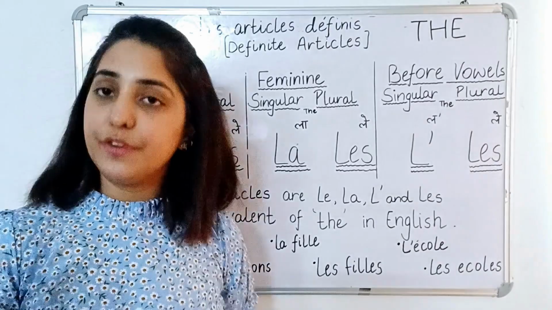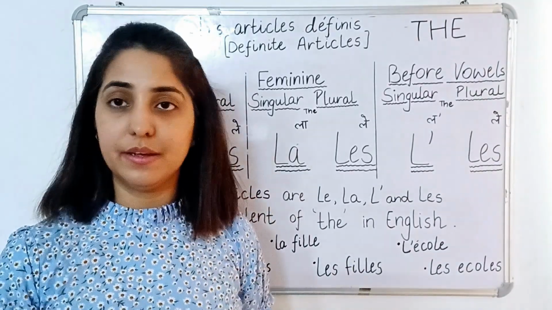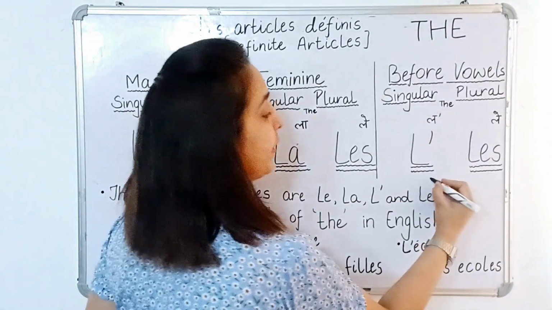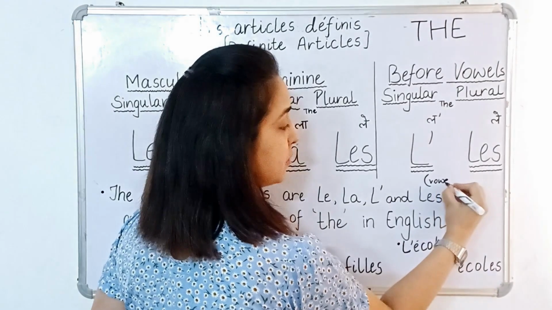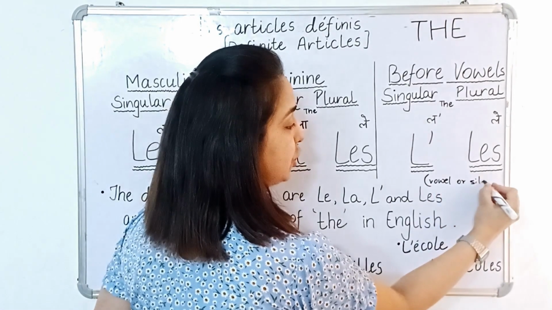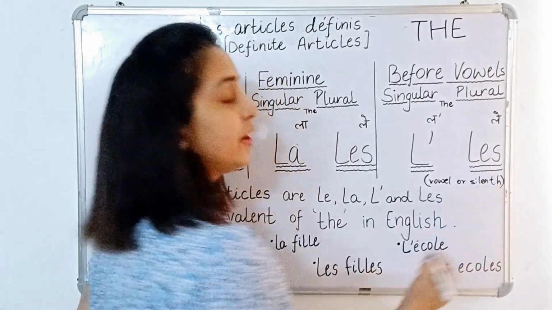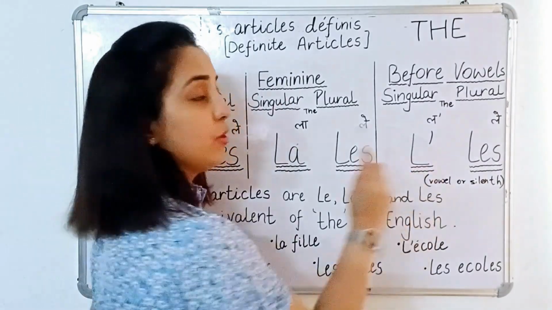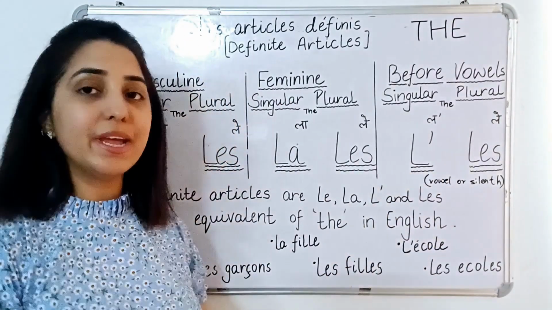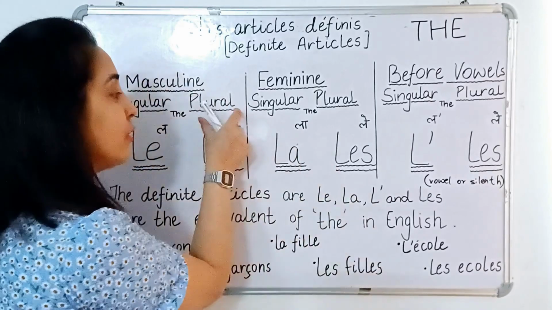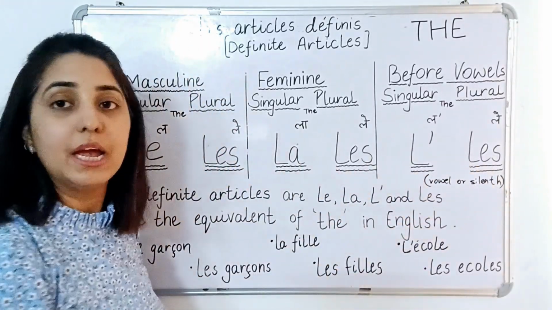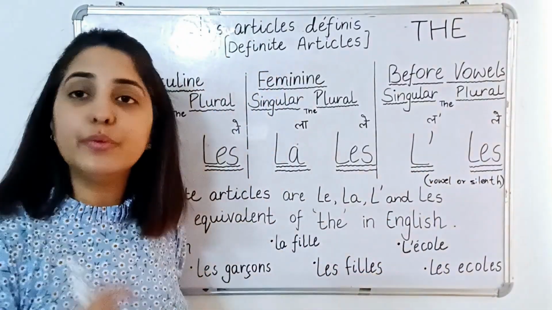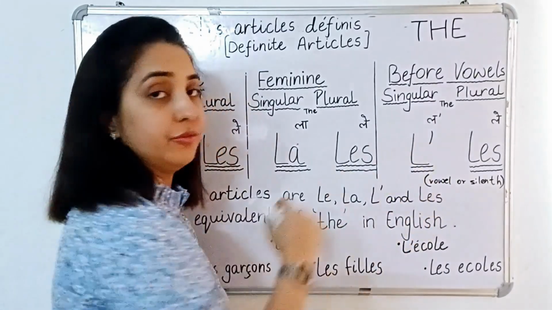If it is starting with a vowel or silent H, then we need to use l'apostrophe. So we are done with two things: plural, we use les, and if it is starting with a vowel or silent H, we use l'apostrophe.